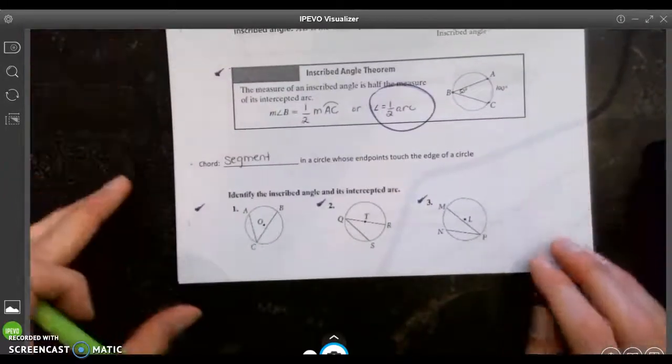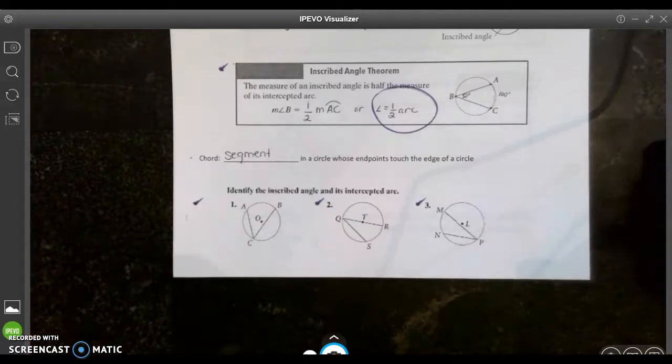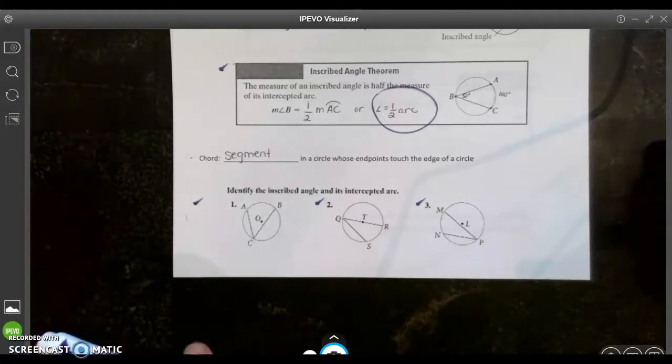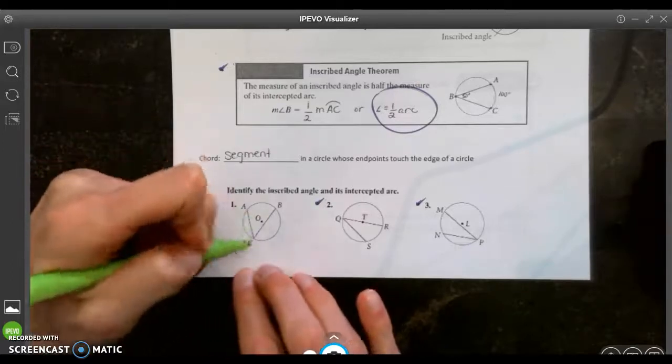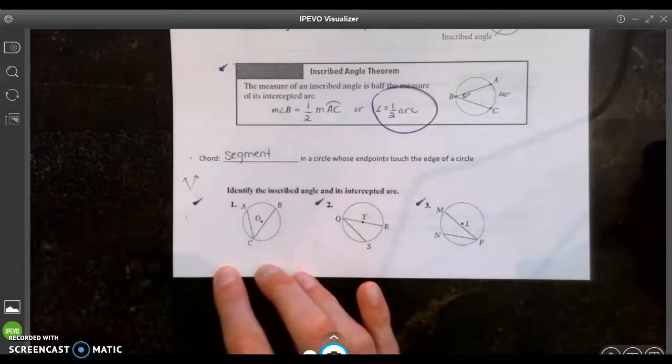All right, before we get into examples where we have to calculate, it's important to be able to identify the inscribed angle and the arc that goes with it. So if I look here, identify the inscribed angle. Well, the angle, remember, comes to a point. All angles, like when we drew angles, they looked like this. The angle comes to a vertex, the point.